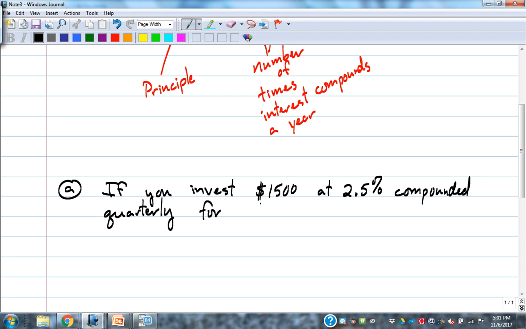And let's say you went to college, and like most people, you're probably not going to finish in 4 years. So let's say you're putting this money away for when you graduate from college and you move to a new city and get your job. So you're leaving it there for 5 years. All right, what's the account worth?